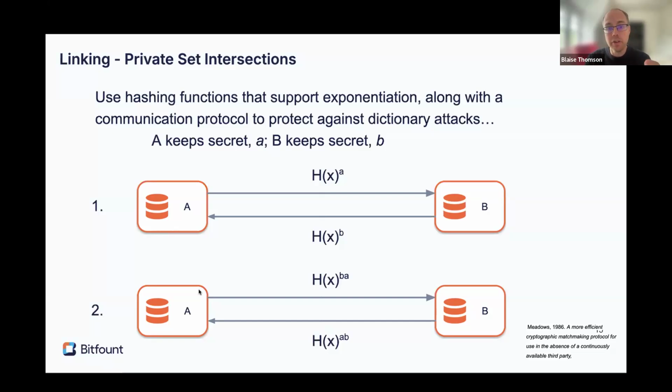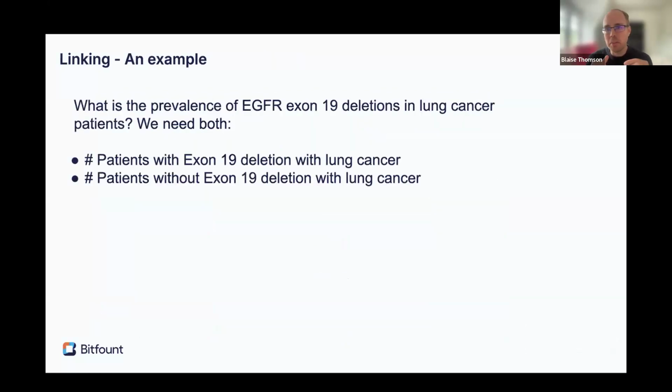So there are solutions to calculate things like the overlap between data sets that need to be linked, but they're a bit more complicated. They require multiple rounds of communication. And when you start wanting to use them in practice, you end up having to compose them quite a lot. So here's what I think might be a typical question that a data scientist might have.